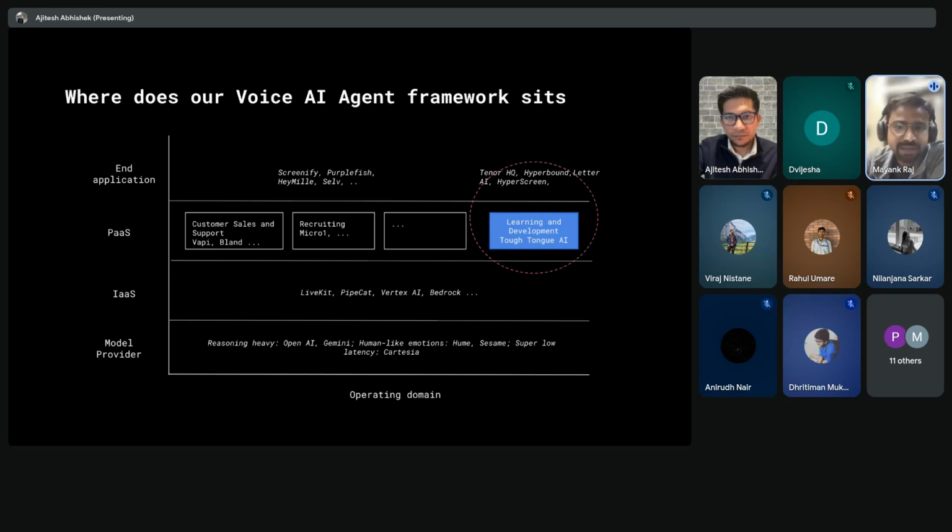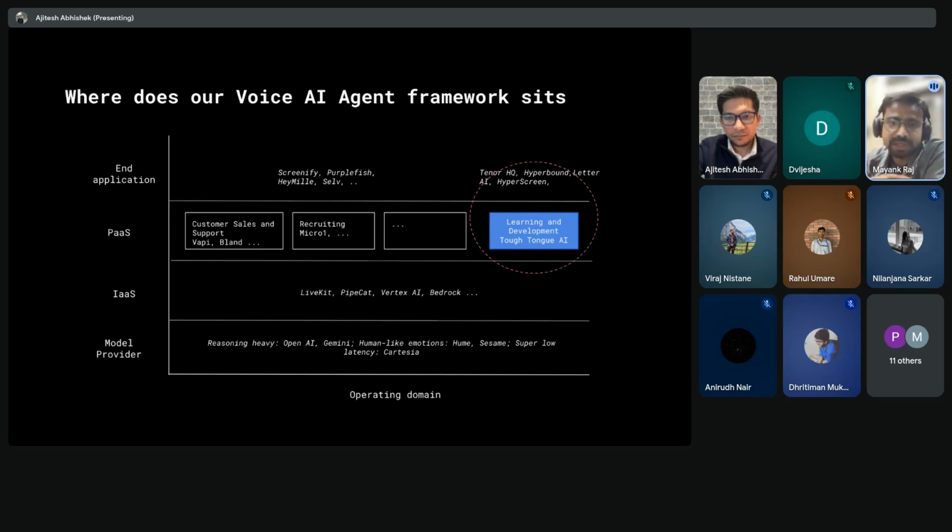On top of that, there are certain players which give you infrastructure to help you process audio and visuals. The key names are LiveKit and PipeCat. But even after that, if you want to use that infrastructure in your application, you need to write enough front-end, back-end management, and stateful services. So those are the two bottommost layers.